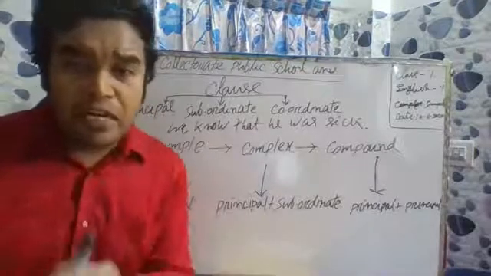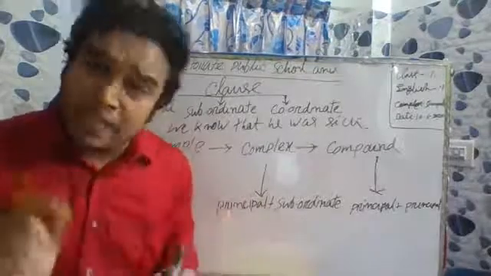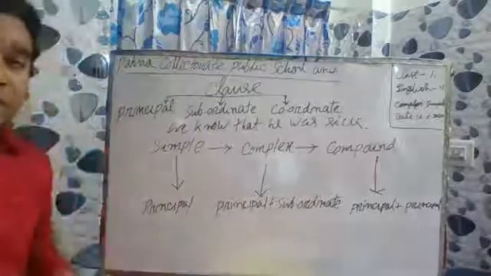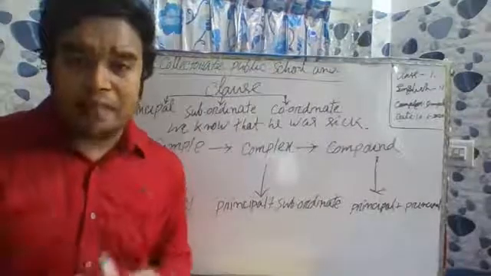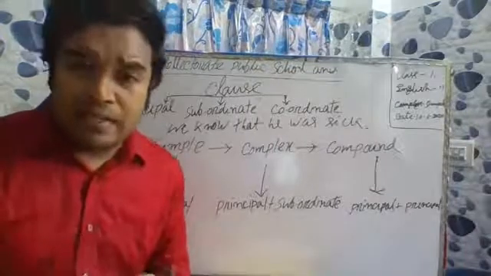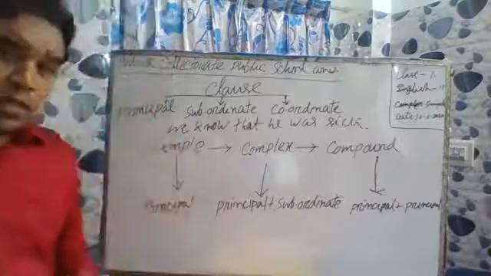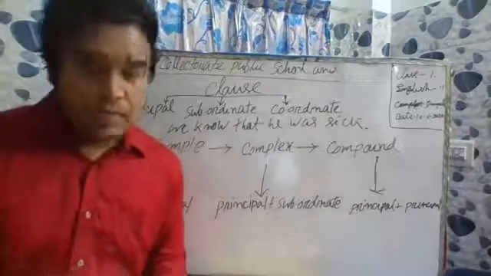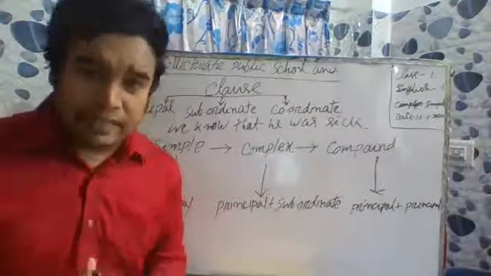But if we write down this clause in a detached way, then it becomes a simple sentence also. So dear student, please write down. Principal clause is formed with a subject, a finite verb, an extension, and it always gives a complete meaning, and it is always used as a part of a bigger sentence.